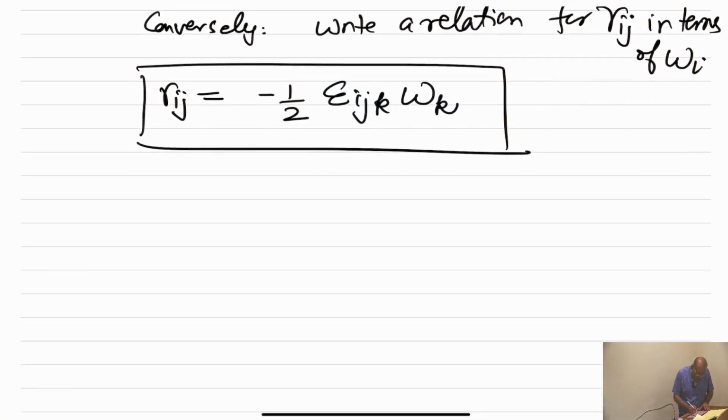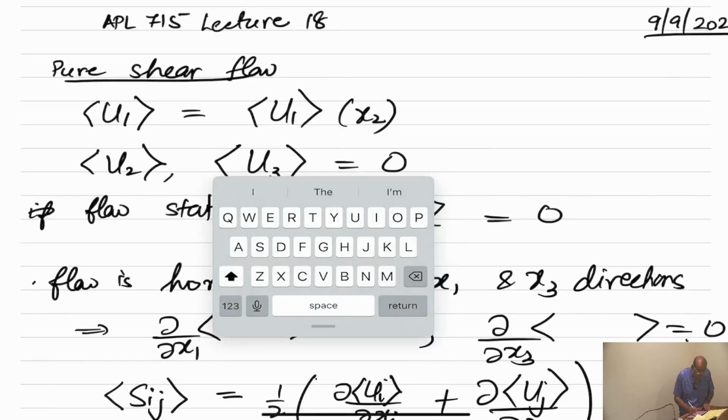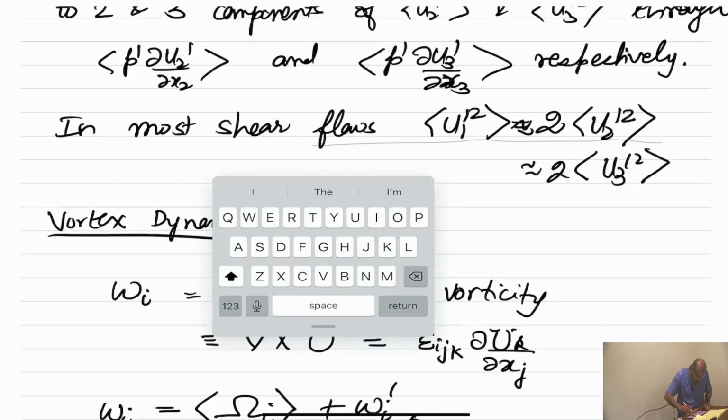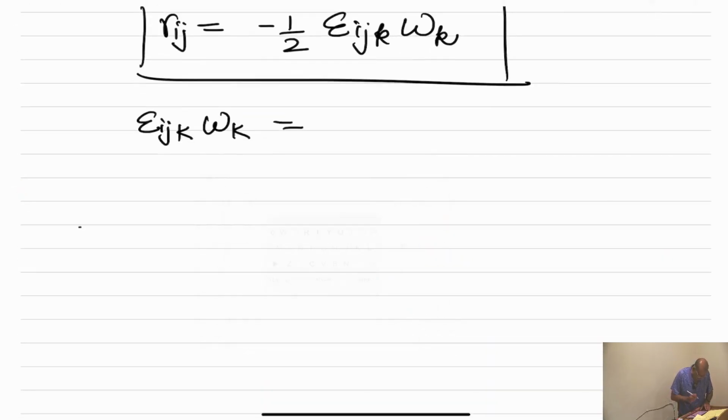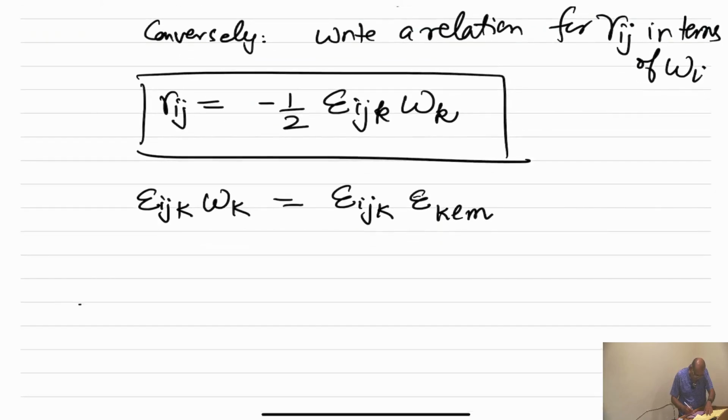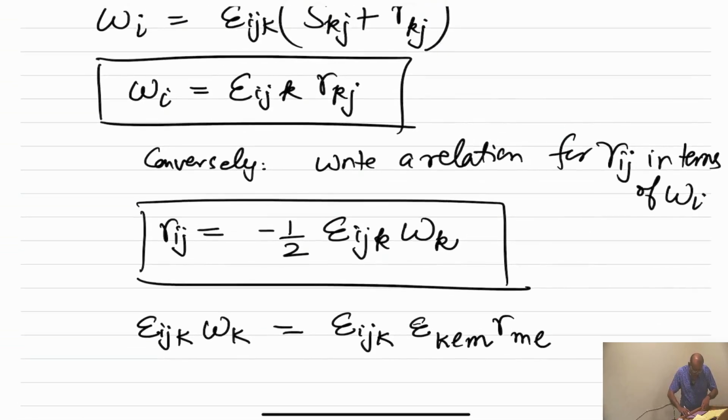For this omega_k, I can write epsilon_ijk omega_k equal to epsilon_ijk times epsilon_klm R_ml, because omega_k I use this relation, so I get it in this form.